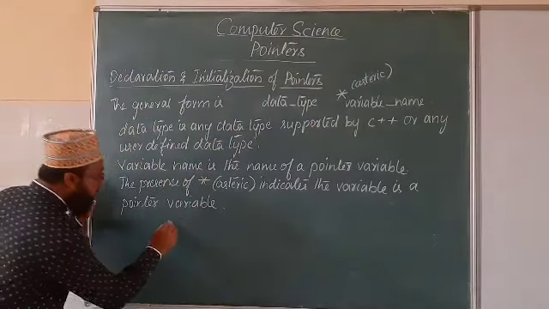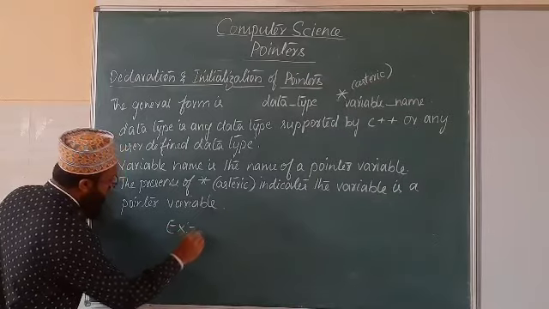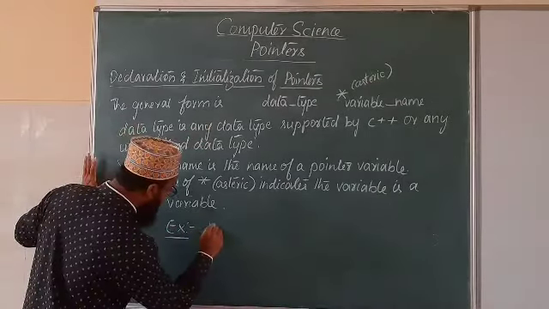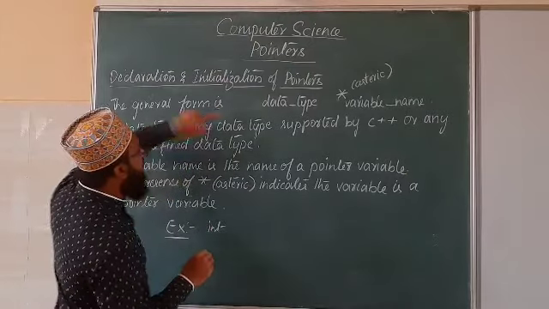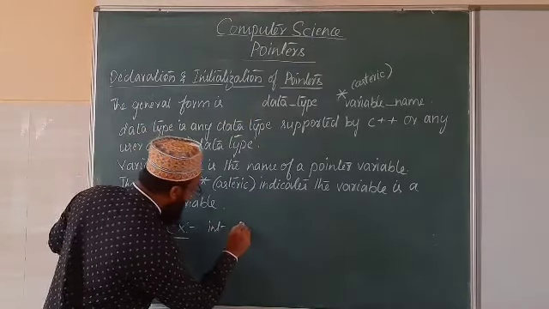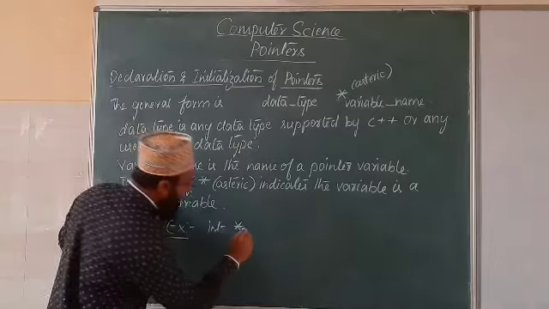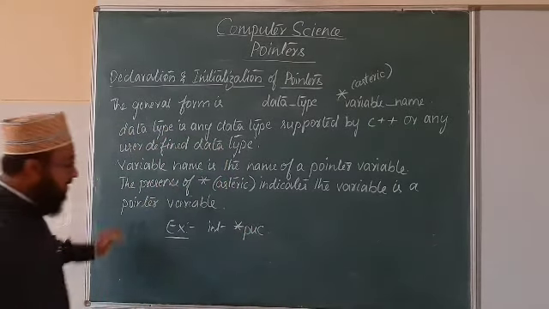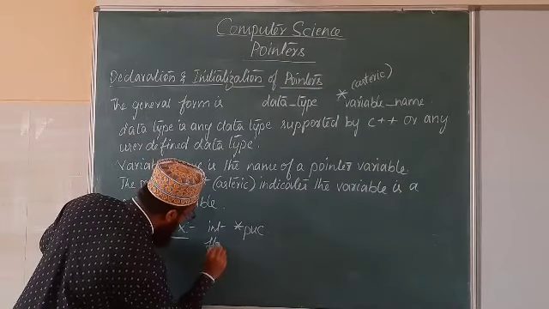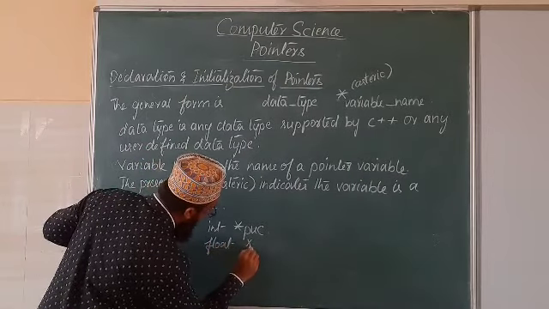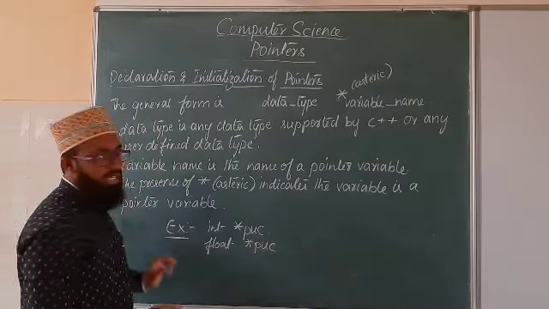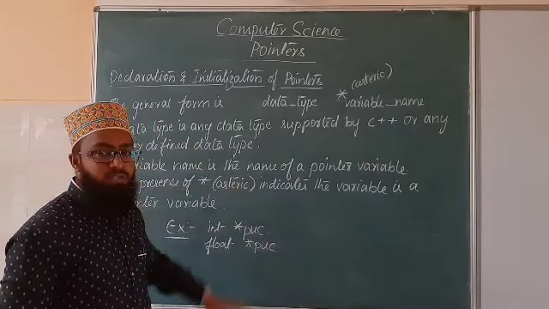Now I will give you an example. Take data type as integer, then pointer, take it as PUC. Or take float, a pointer, then PUC. This asterisk indicates that the variable is a pointer variable.